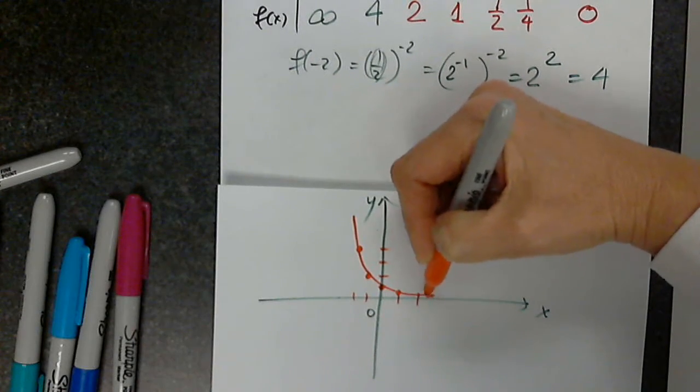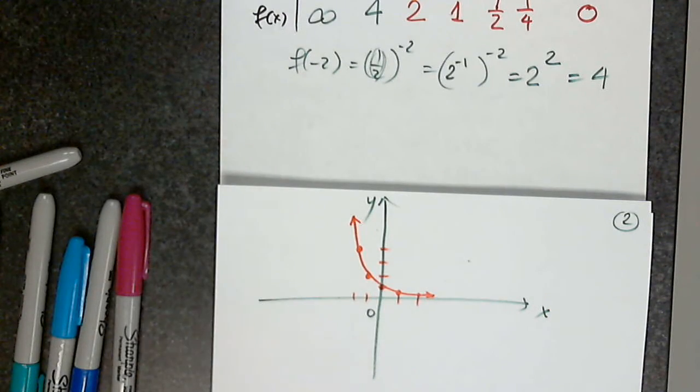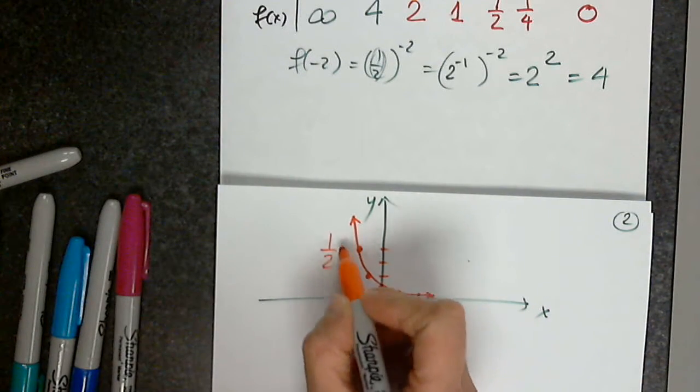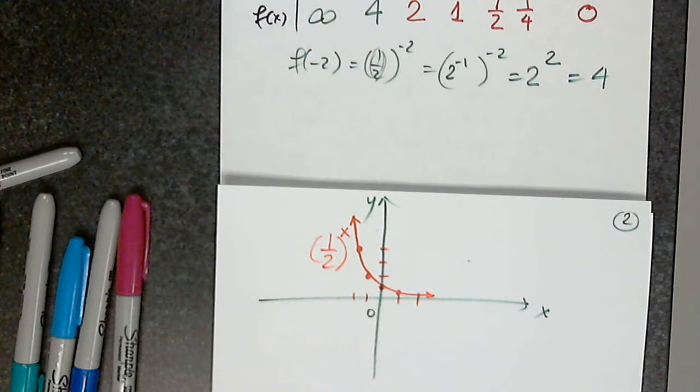It doesn't touch the x-axis. It will eventually get closer and closer. And this is 1/2 raised to x. What is the difference between the base greater than 1 and the base less than 1? The base greater than 1 does this all the time, and the base less than 1 does this.